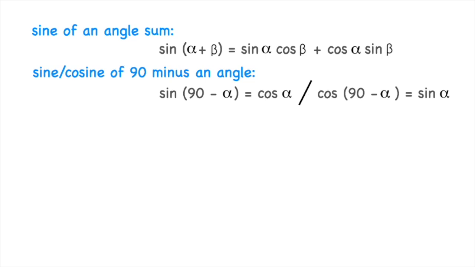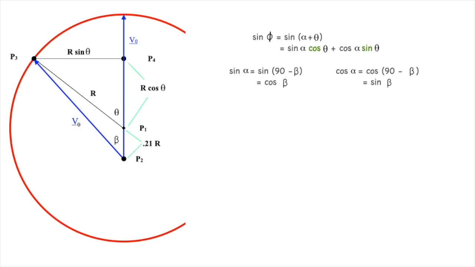The next useful pair of identities is the sine and cosine of 90 minus an angle. So the sine of 90 degrees minus alpha equals cosine alpha, and the cosine of 90 degrees minus alpha equals sine alpha. So we can write that sine alpha equals cosine beta, and cosine alpha equals sine beta.